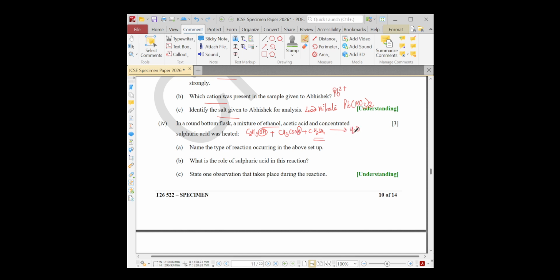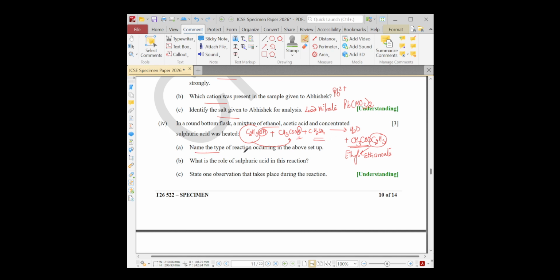Water. And the product is CH3COO, and here in place of H you get this group, C2H5. The name of the compound is ethyl. This is the acid part, ethanoate. It is also known as ethyl acetate. So what is formed? Ethyl acetate, right? This has a fruity smell.